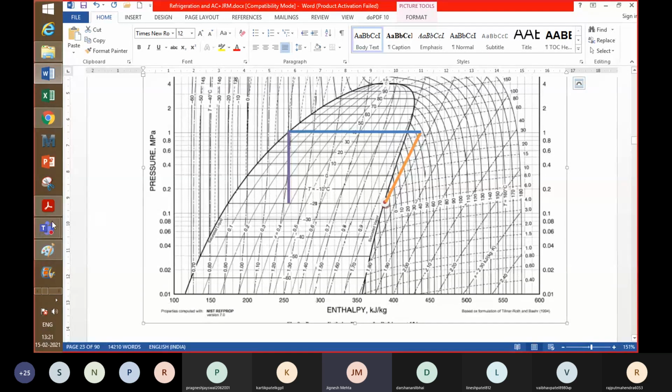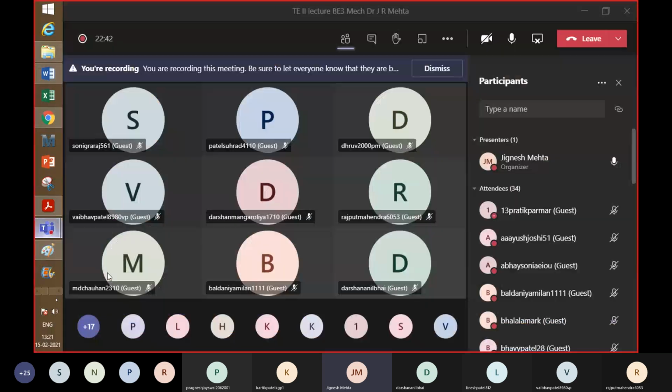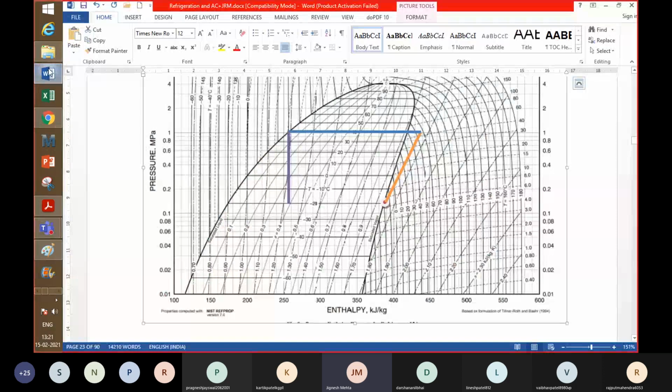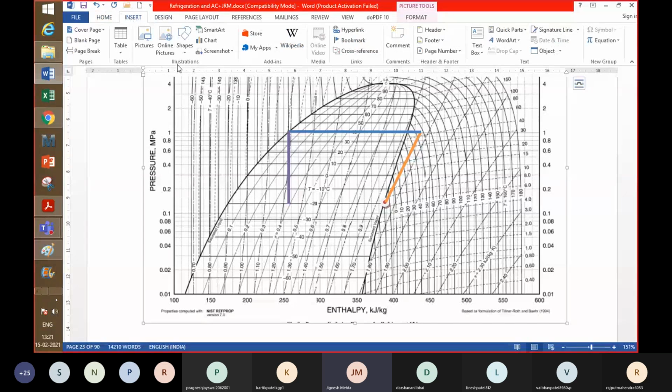So this is the point at which you are coming out of the evaporator, right? And now the evaporation process. Okay, so the line for that can be drawn.